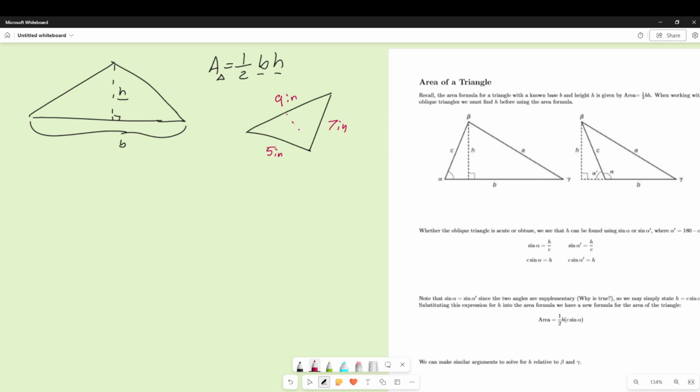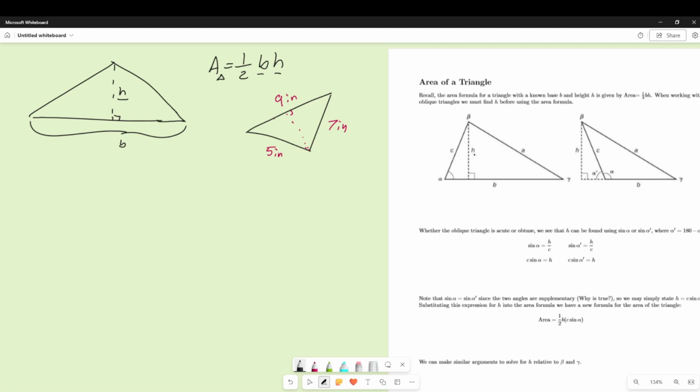But measuring this altitude accurately is kind of tough because you need to get that angle just right. If you're off by a bit, then you're going to get a longer height and a larger area than you're supposed to. So it's not always convenient to talk about that height value, either because we don't know it, because it's hard to measure, or for whatever reason.